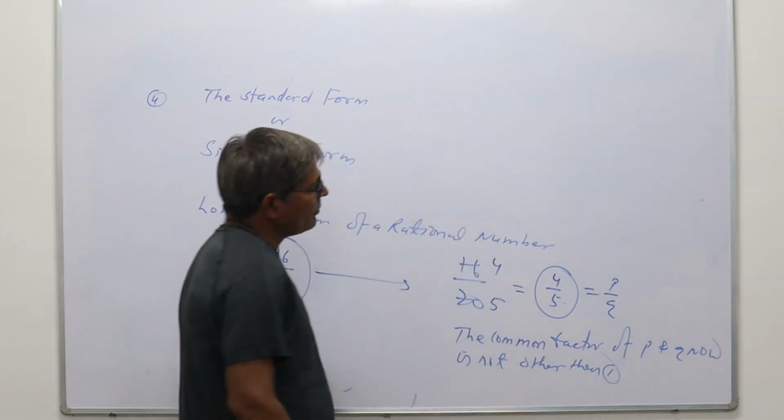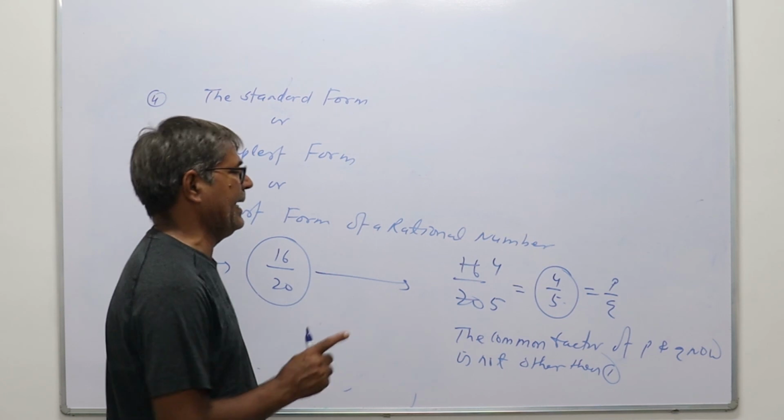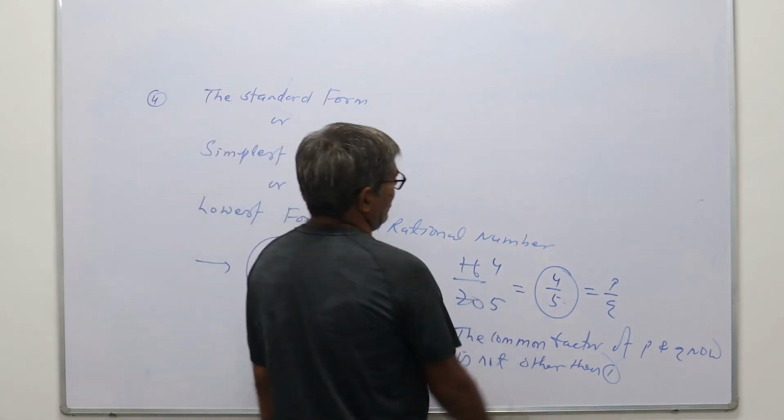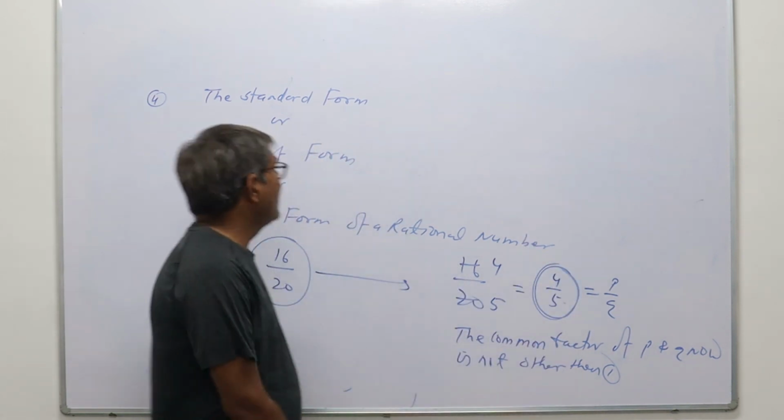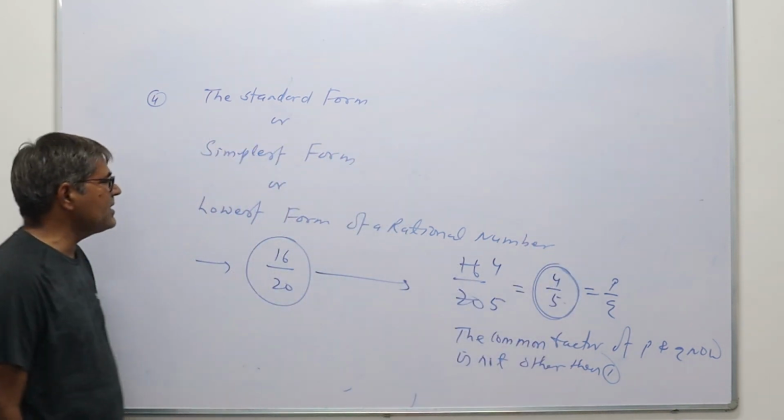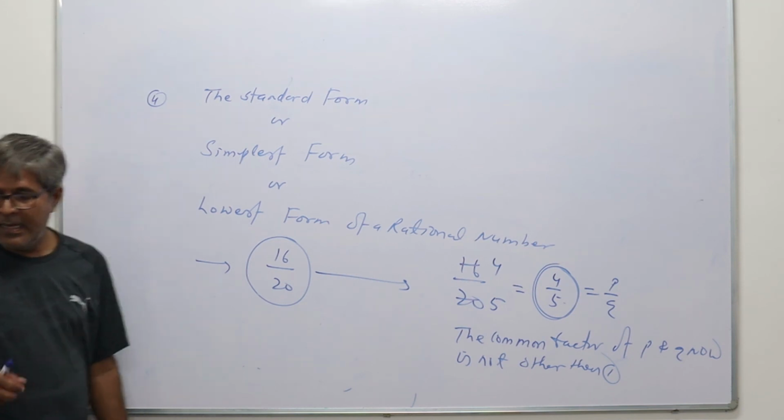That is, now the common factor of numerator and denominator is only 1. Then such a format will be known as the lowest form or simplest form of the given rational number.